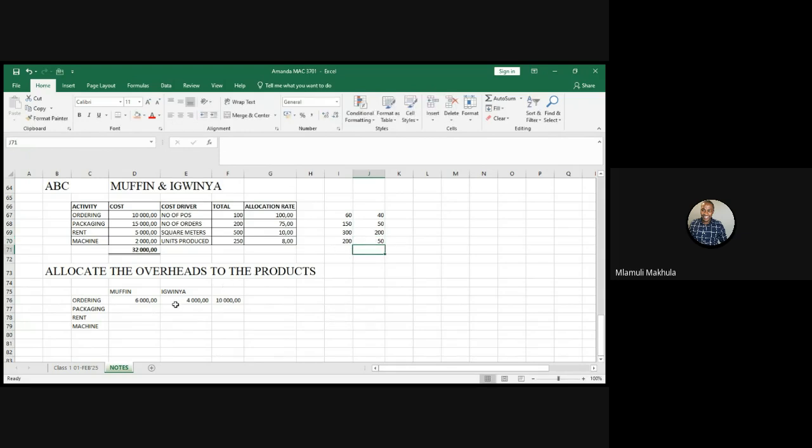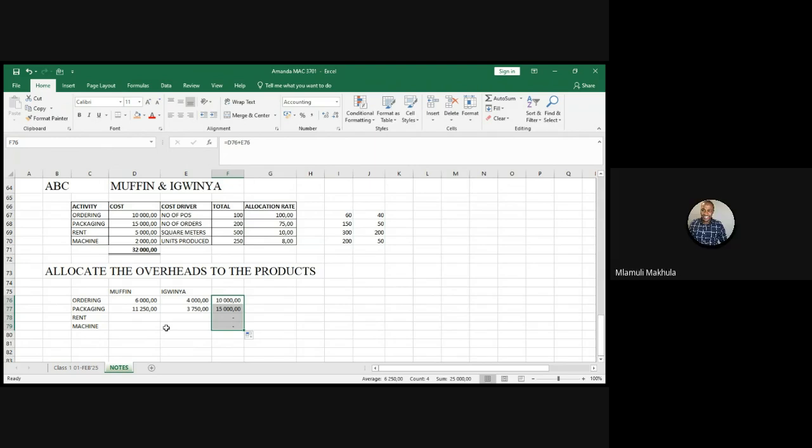So to allocate packaging, it's going to be 150, because there were 150 orders received for muffins and 50 orders received for vetkoek. So it's 150 multiplied by your allocation rate, which is 75, and then 50 multiplied by your allocation rate, which is 75. And then we check if it's the same, which is 15,000 also.